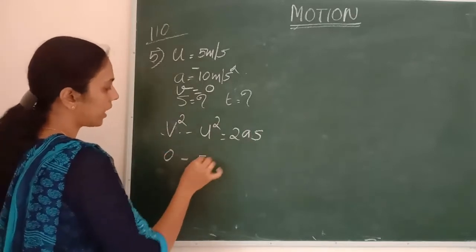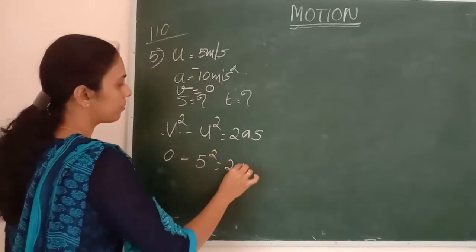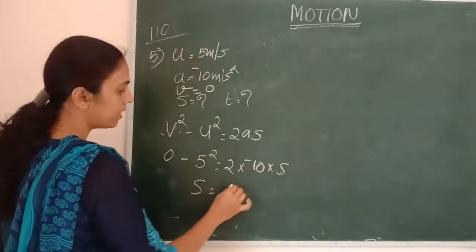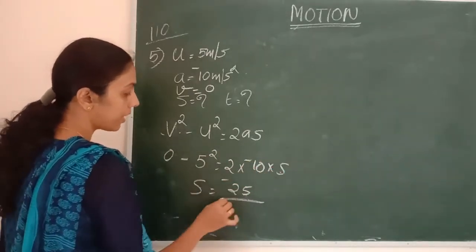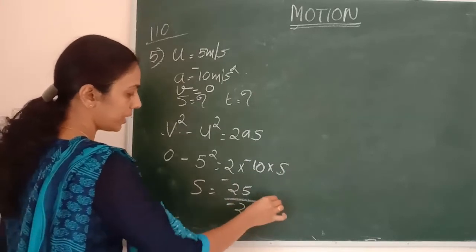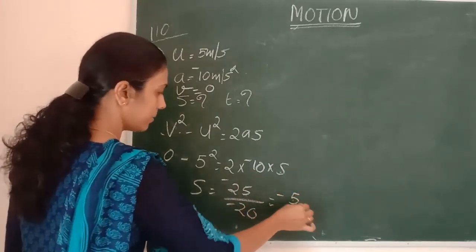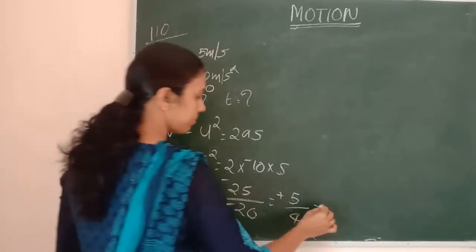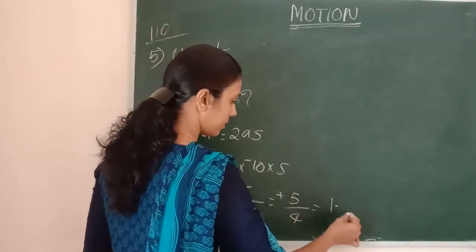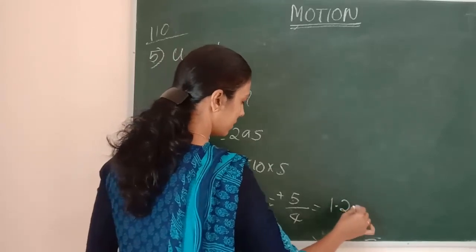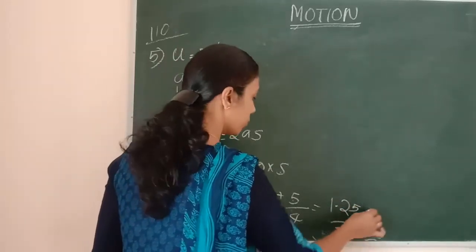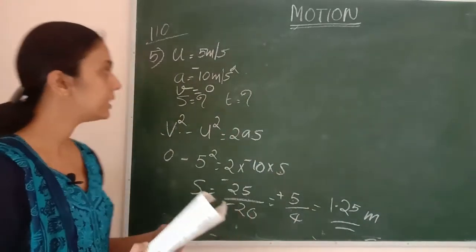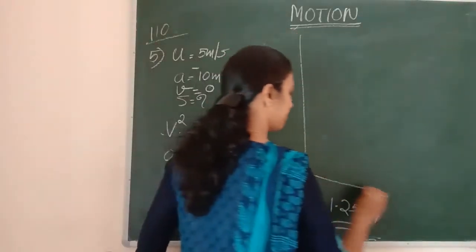U is 5. So S equals 25 divided by minus 20, and S will be 1.25 meters. Okay, clear?